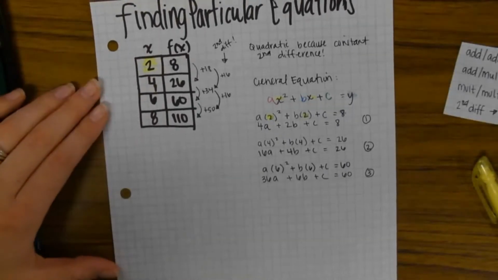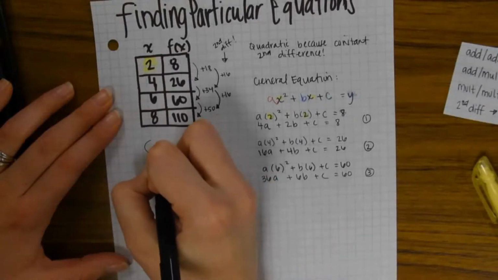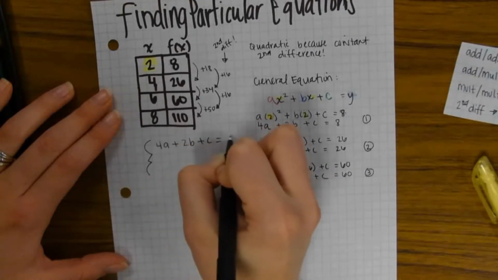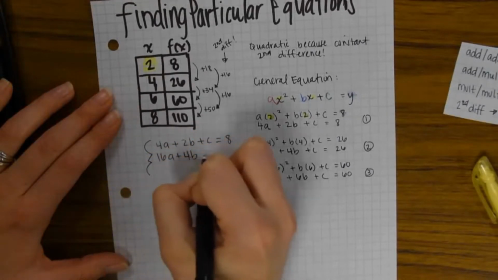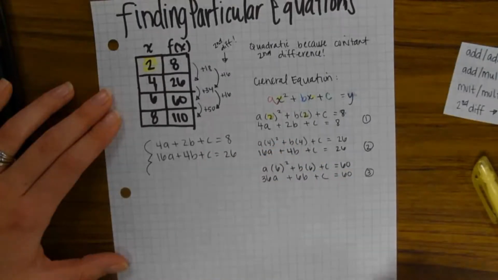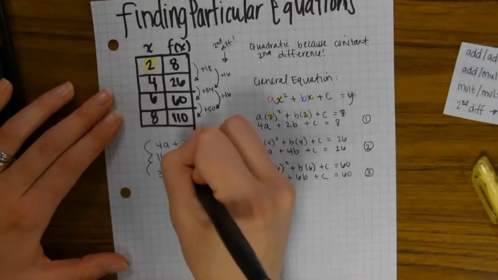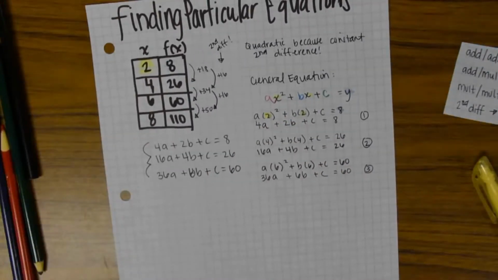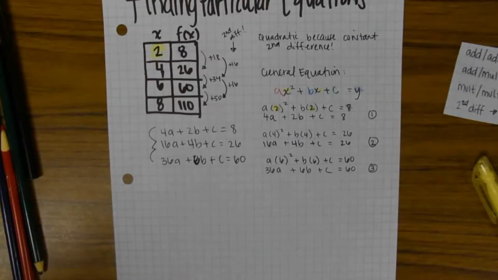Let's write it a little bit nicer, and I'll write it off to the side just so that we have those 3 next to each other. 4a plus 2b plus c equals 8. 16a plus 4b plus c equals 26. 36a plus 6b plus c equals 60. This is a 6b, sorry. So, we have a system of 3 equations.